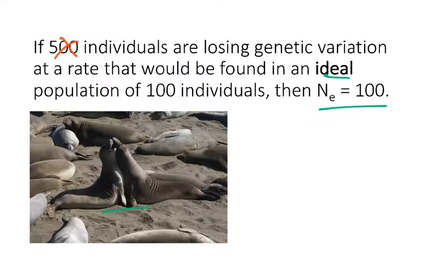The mating definitely isn't random because the females really only are allowed to mate with the males that have established their territories. So there are differences between an ideal population and how many individuals we have in our calculated effective population size. Again, effective population size is based on this idea of genetic drift. When we're thinking about losing genetic variation, remember this is based on the fact that a smaller population size is going to be more prone to drift and see larger changes in allele frequencies through time, which often results in a loss of genetic variation.